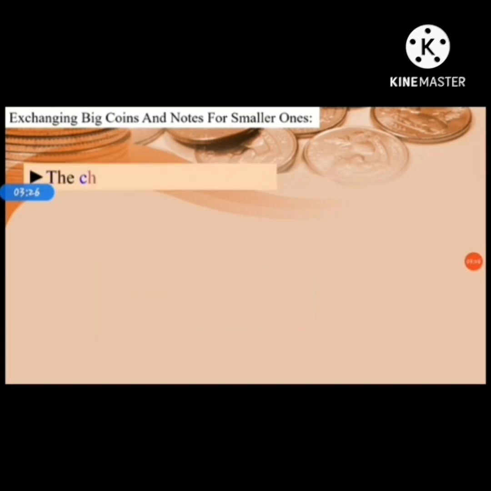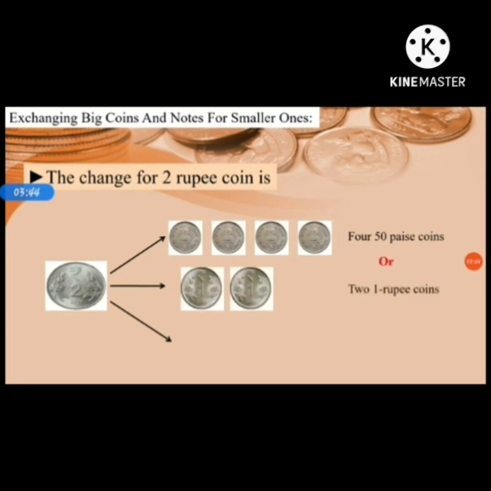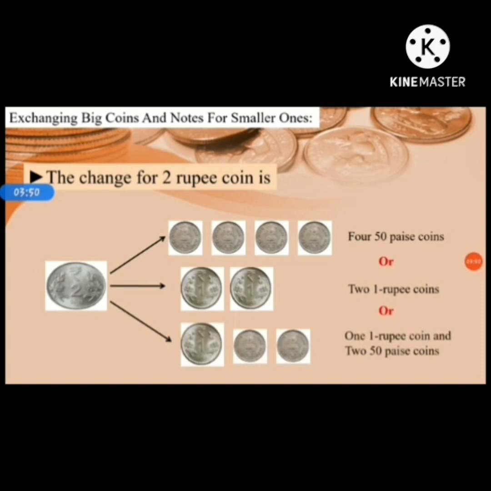Next is the change for a 2 rupee coin. How will we get the change for a 2 rupee coin? Can you tell me? Yes, now see, we can take 4 coins of 50 paise, or 2 coins of 1 rupee, or 1 coin of 1 rupee and 2 coins of 50 paise.